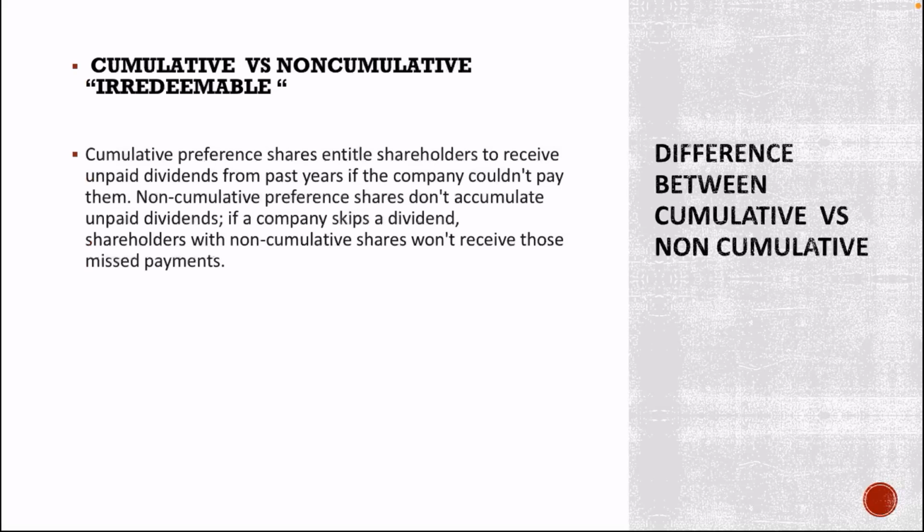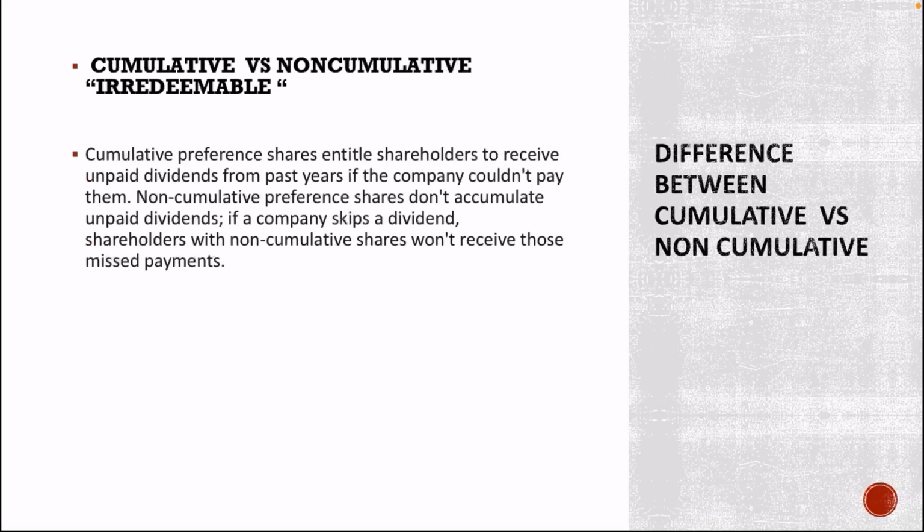Now, the third category is about cumulative and non-cumulative irredeemable preference shareholders. Remember, cumulative and non-cumulative are only and only equity holders. They are irredeemable. They don't have a redemption option, right? So they will get dividends, and their dividends accumulate in the case of cumulative preference shareholders. However, their dividends cannot accumulate in the case of non-cumulative preference shareholders.